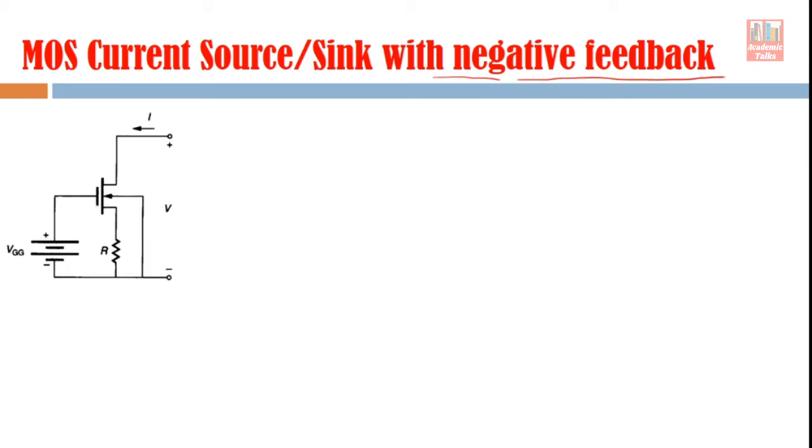So how this feedback is applied, you can see here. We are connecting an R here, indicated as R, but in case of amplifier circuits, you will see that this resistance is shown as RS, source resistance. Now how does it improve things? The ideal characteristic says that if output voltage changes, current should not change. Suppose your V is increasing. What do you expect?